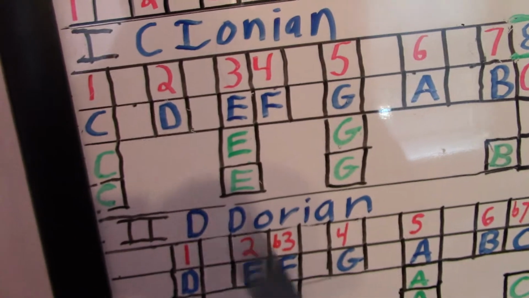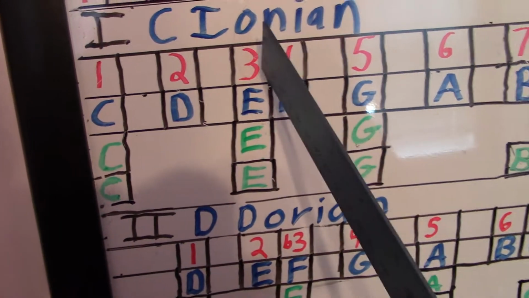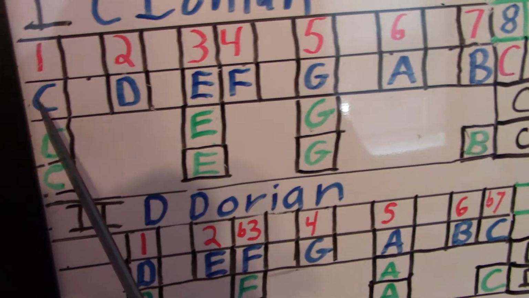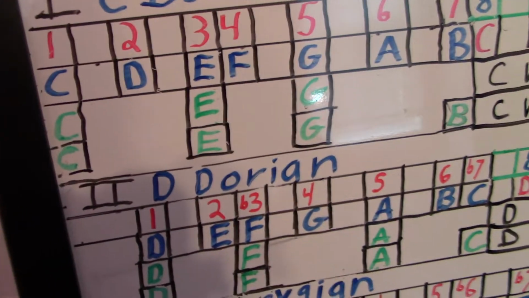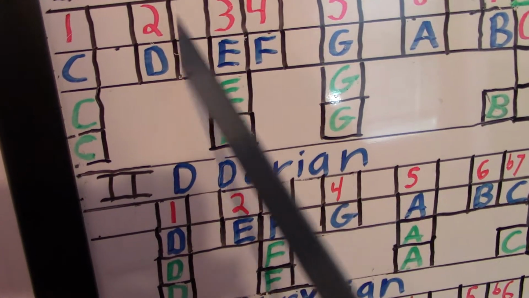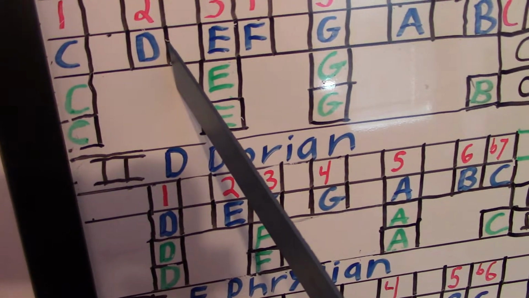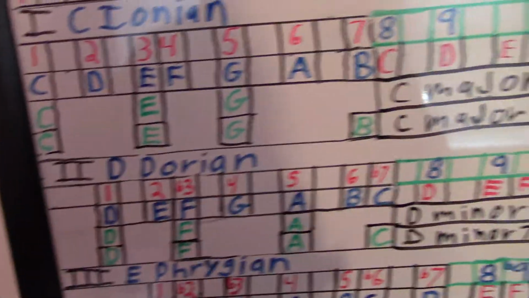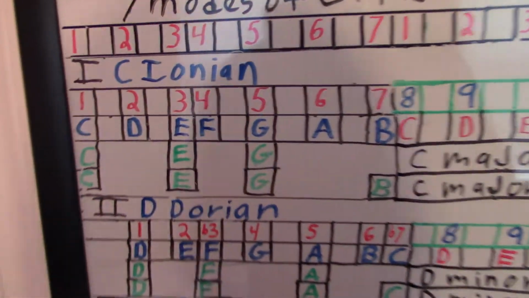Why is it a major scale? Because you have your root, your third, and your fifth, which is C, E, and G. Now if this were a minor mode, this third would be a flat third, which would be right here. It'd be E flat. It'd be C, E flat, and G, but that's not what we're going for in this.